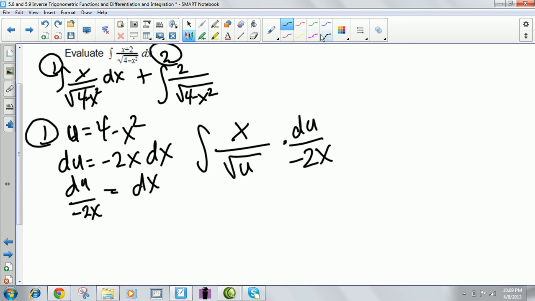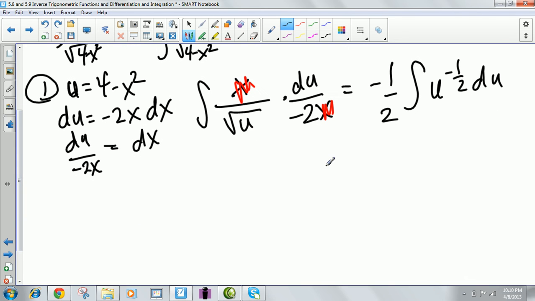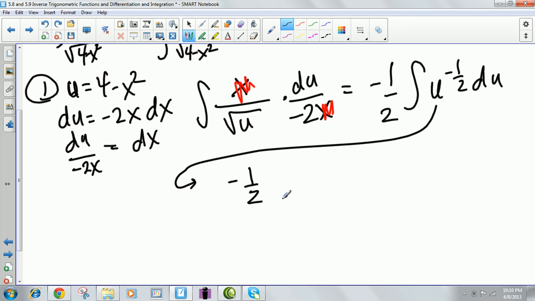Okay, so we'll say this is integral 1 and this is integral 2. So let's focus in first on integral 1. And on integral 1, this doesn't really match any of the identities. So we're going to use u substitution. So u is equal to 4 minus x squared. Then we're going to find du, so that'd be du is equal to negative 2x dx, and dx is equal to du over negative 2x.